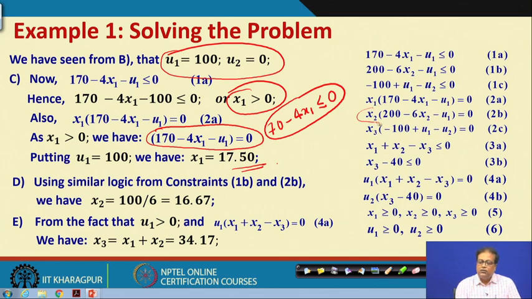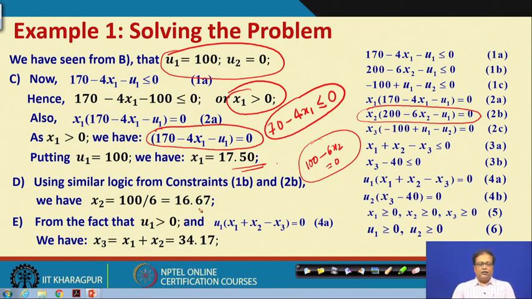Since x2 is greater than 0, the two terms multiplied being 0 means 200 minus 6x2 minus u1 should be equal to 0. Now, u1 is 100, so 100 minus 6x2 equal to 0. So what will be the value of x2? The value of x2 will be 100 by 6, which is 16.67, all right.